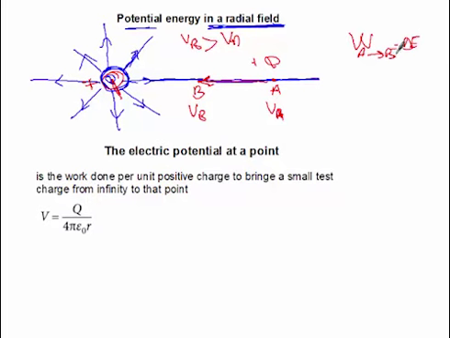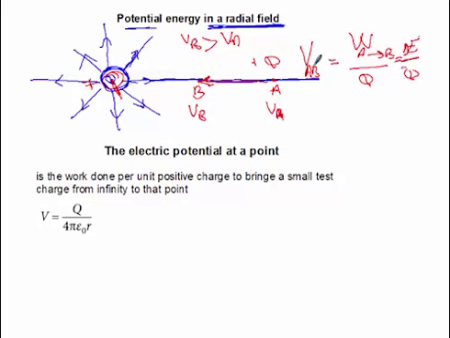So work done per unit charge, this small charge which we are moving, is energy per charge. Let's make it more clear. It is equal to change in energy per charge. This will give us the potential difference between point A and B. Yes, this is the potential difference.